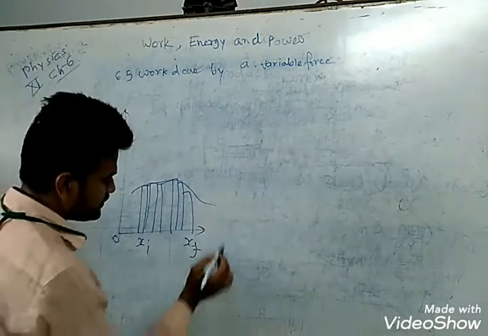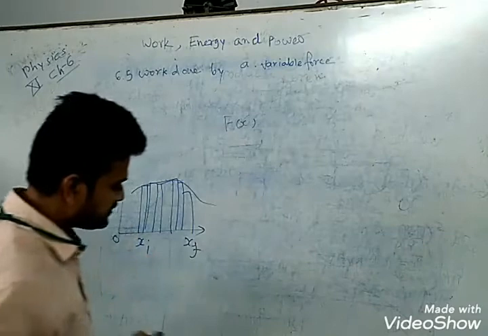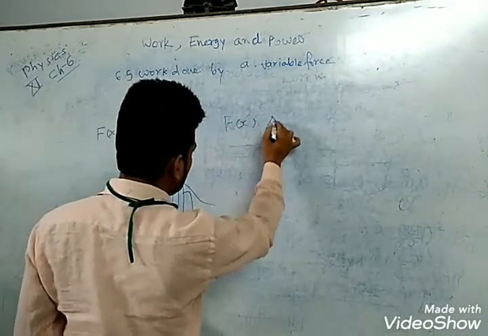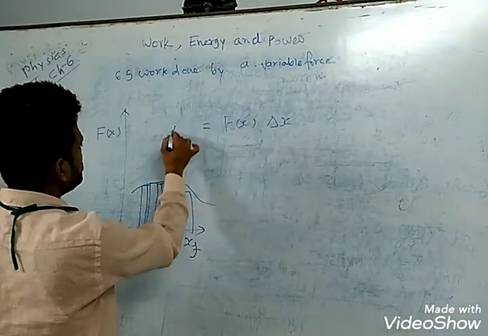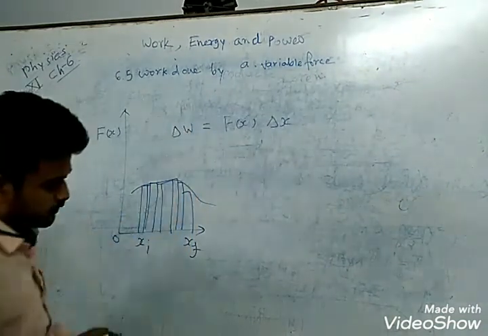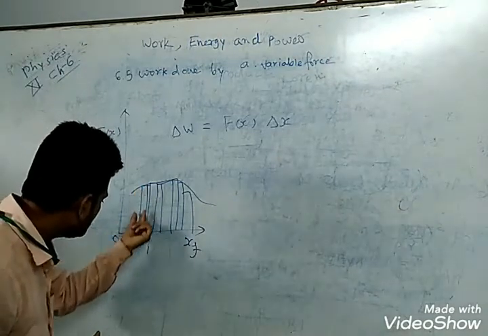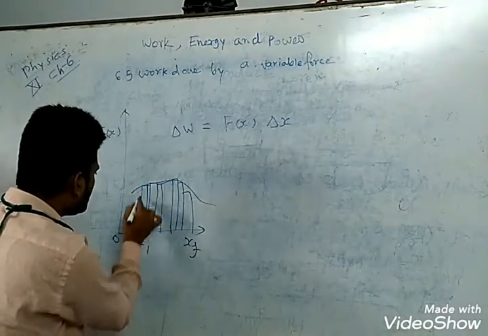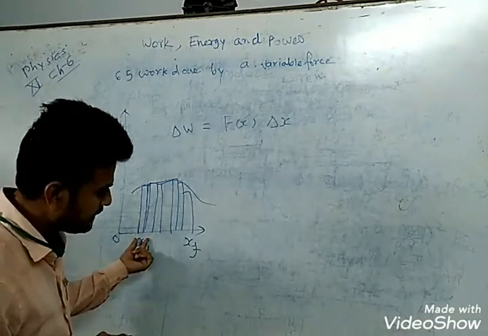The force is F of x and the displacement in this case is delta x, so the work done is delta W. So first we calculate this small portion of work done, for a small displacement in this particular area.